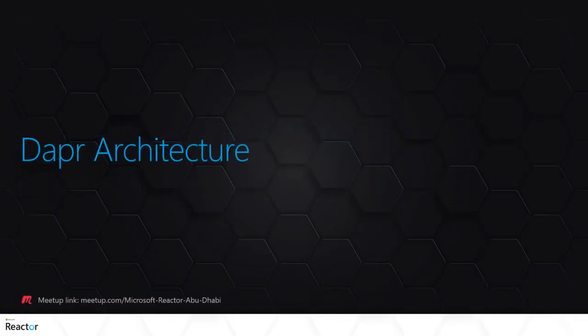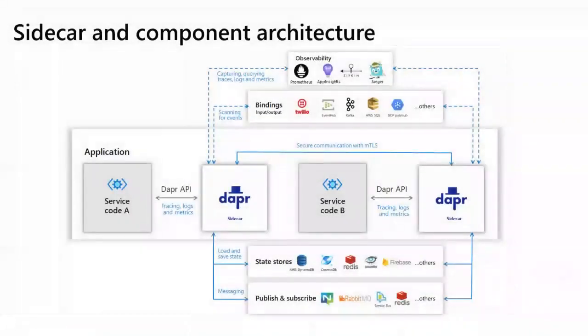Let's look at the overall architecture of what Dapr looks like. So this is what Dapr is. If we have one service A and one service B, Dapr is running as a sidecar to service A, and another instance of Dapr is running as a sidecar with service B, and you can use anything in this particular picture.